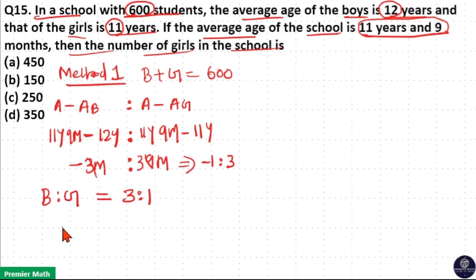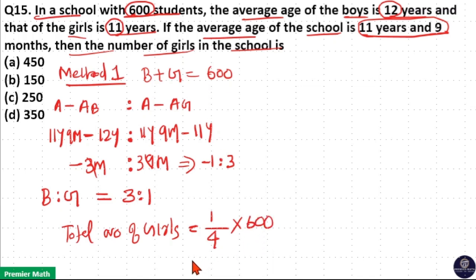Then, total number of girls is equal to, girls part is 1 part, total number of part is 3 plus 1, 4 part. And total number of boys and girls is 600. So, 1 by 4 of 600 is number of girls, which is equal to 150. So, option B is your answer.